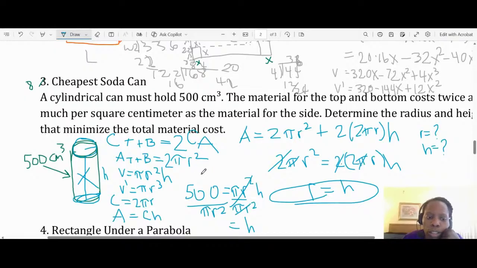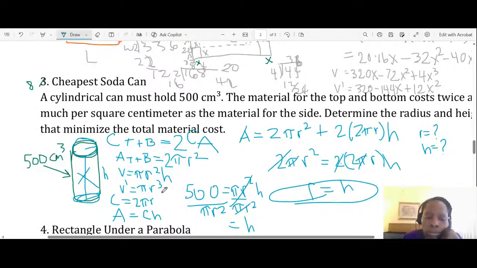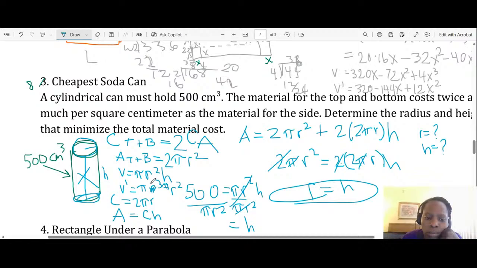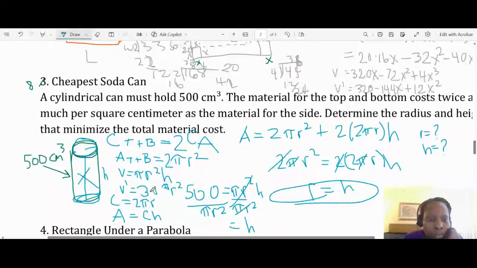It's going to be 3 pi r squared. Yeah. Third.